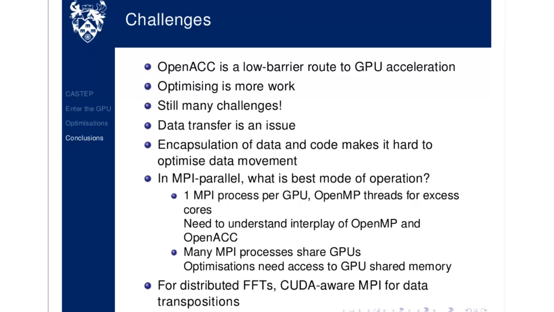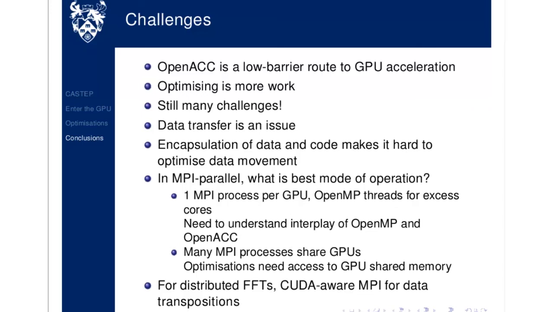The next challenge I put here, I've already touched on really. When we're running MPI parallel with multiple cores on the CPU, but possibly multiple GPUs, what is the best mode of operation? Do we do, as we did on the Ascent data I showed, pin one MPI rank per GPU and use OpenMP to sort of occupy the other CPU cores? And if we do, then how do we get OpenMP for the CPU to play nicely with OpenACC? And this, again, I saw as a theme on the Q&A earlier.